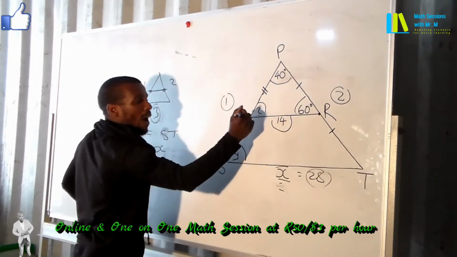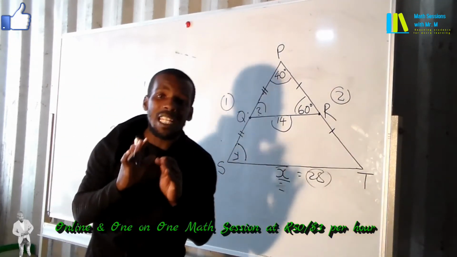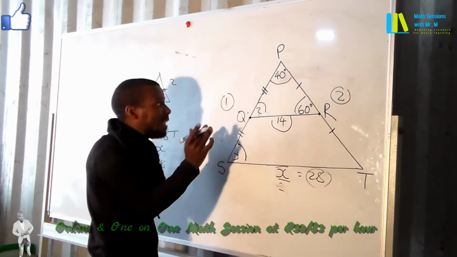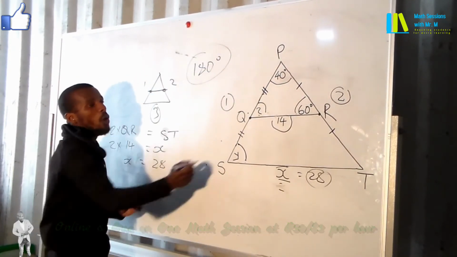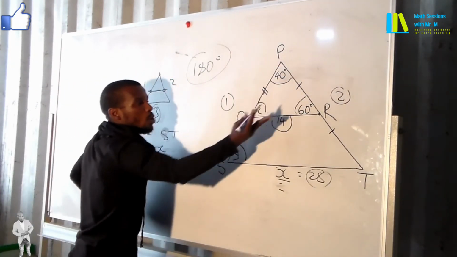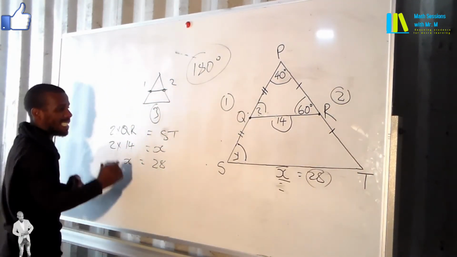So now we must find this angle, which is PQR. We know the rule of a triangle, that when you sum the angles inside a triangle, they must give you 180 degrees. So we have a 40 and a 60, which is 100.